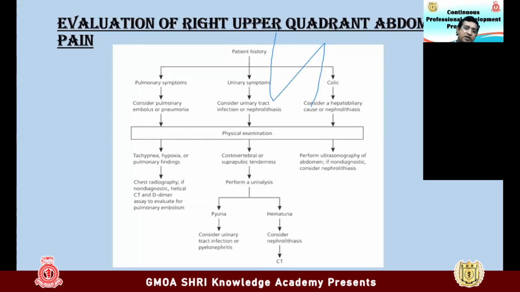Some sort of protocols can be developed to have an understanding about the underlying pathology. So if the patient gives urinary symptoms, or symptoms related to colics, or symptoms related to the lungs, then you can proceed along those lines with physical examination and investigations to come to a particular diagnosis.